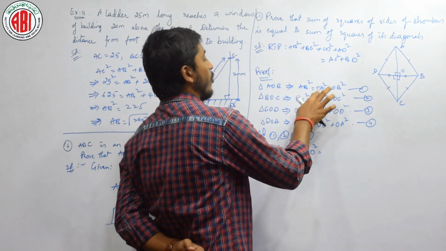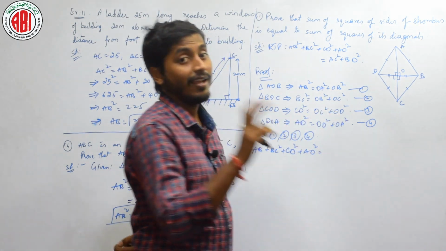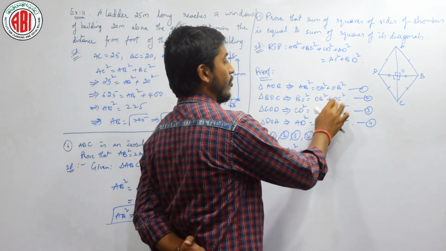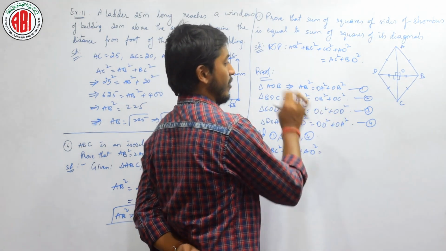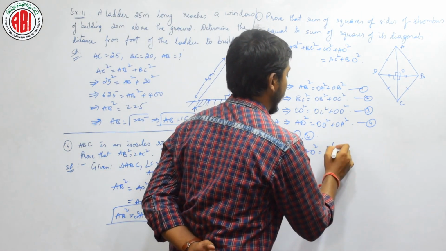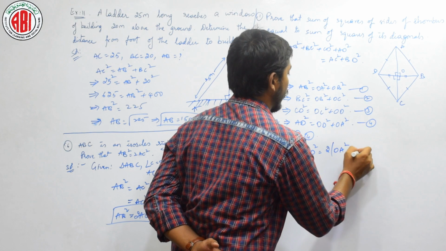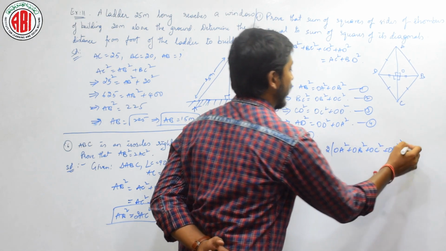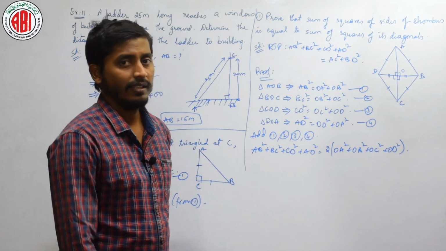If you observe here, OA square plus OA square, how many are there? There are 2 OA squares. Here again OB square plus OB square, OC square plus OC square, OD square plus OD square. If you observe, can I take 2 common and write it as OA square plus OB square plus OC square plus OD square? Is it right? Yes or no?